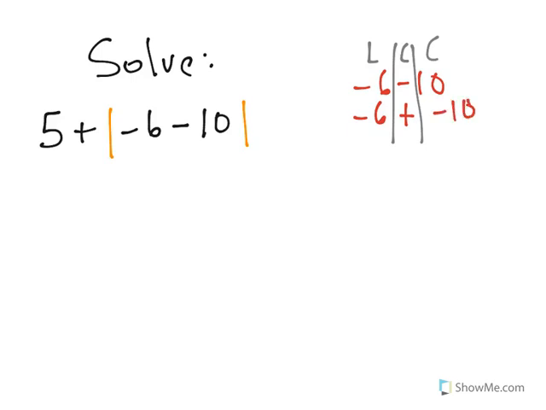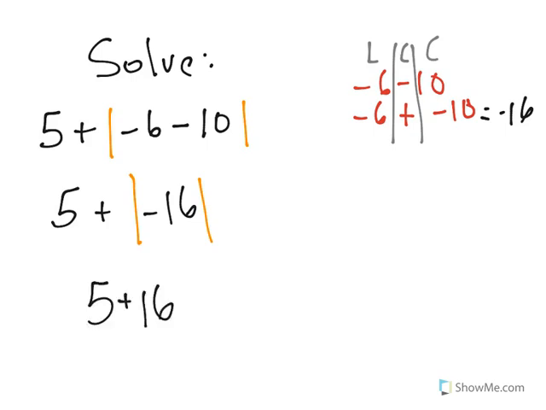Negative 6 plus negative 10 is negative 16. So we can rewrite the problem as 5 plus negative 16. The absolute value of negative 16 is positive 16. So 5 plus 16 is 21. The solution to our original equation then is 21.